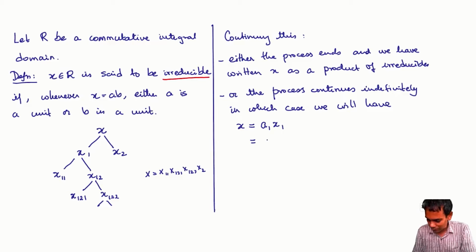And so then this will become a2 x2 x1, and again this one is not irreducible, then we'll get a3 x3 x2 x1 and so on. And none of these are units.